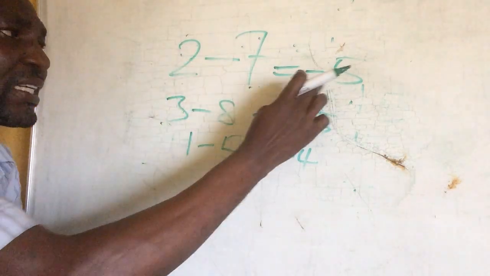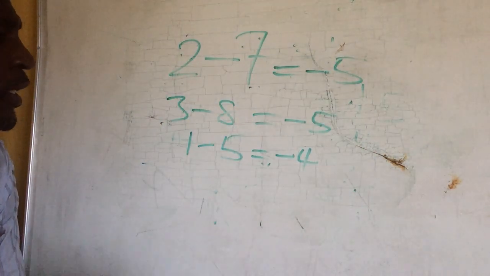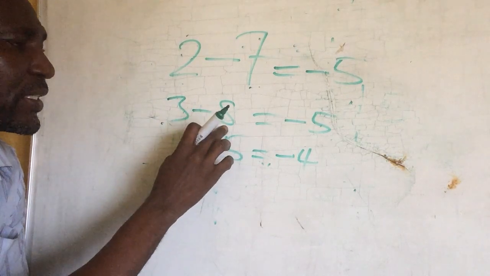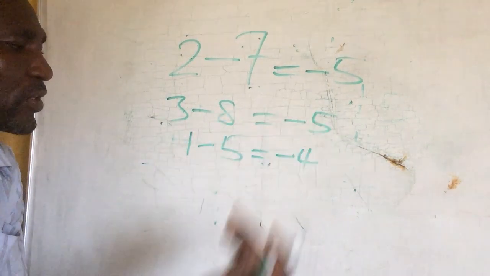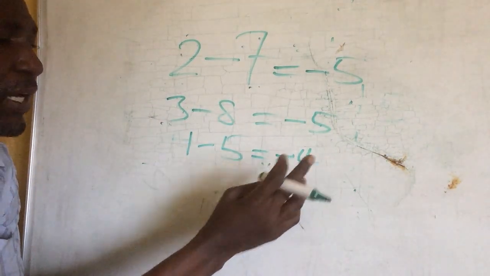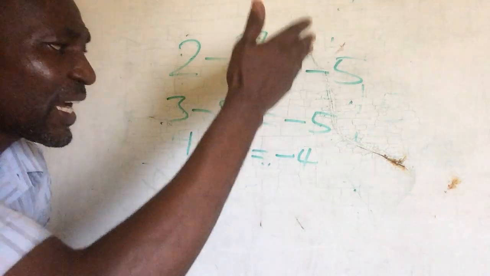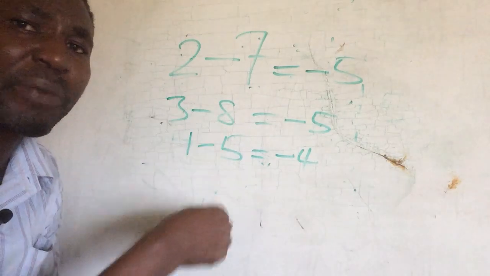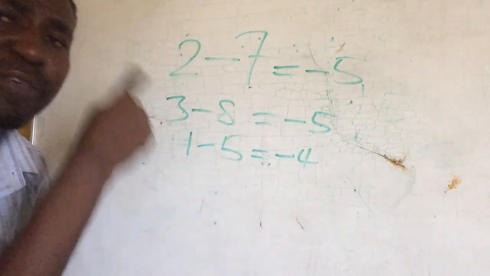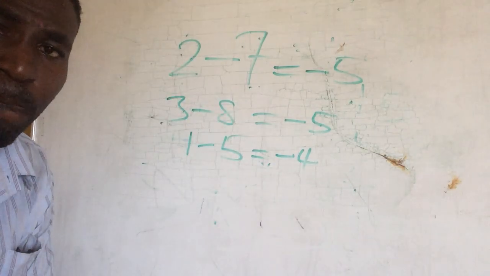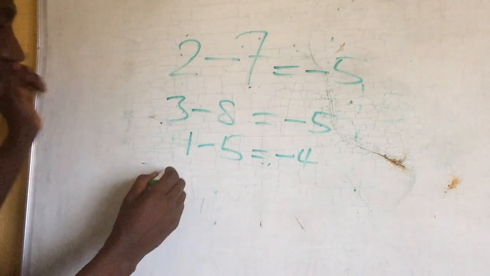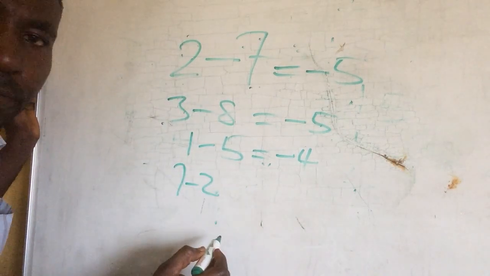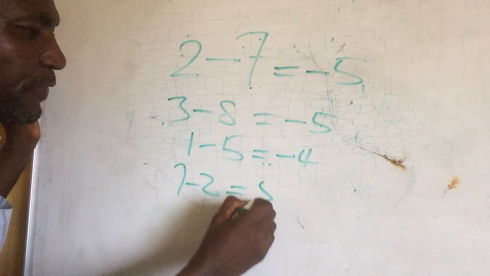So you repeat this. 2 minus 7, the answer is minus 5. 3 minus 8, the answer is minus 5. 1 minus 5, the answer is minus 4. The answers carry minus because the bigger number is being subtracted from the smaller number. Unlike the first one, when you have 7 minus 2, the answer is 5.